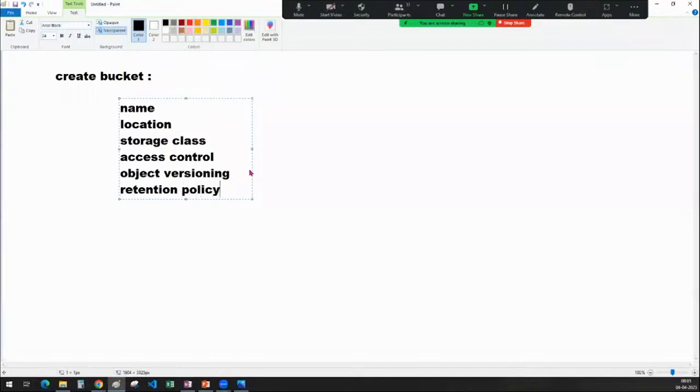Tomorrow we will see all of these concepts while we are creating a bucket, because these are practical concepts.